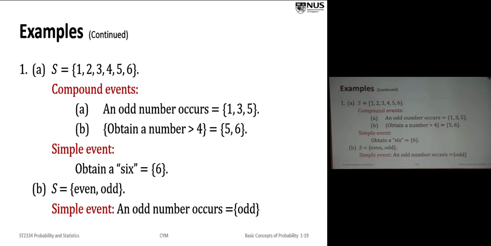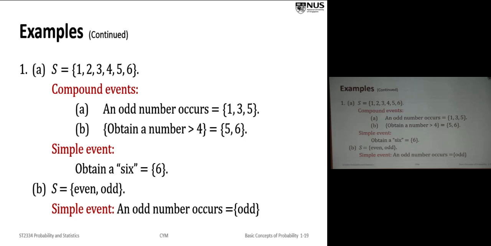The second way to look at it is that when I say even number, it corresponds to 2, 4, 6, these 3 outcomes. All right, and it's 3 out of the 6 possible outcomes. So it's 3 over 6. All right, so they're the same.